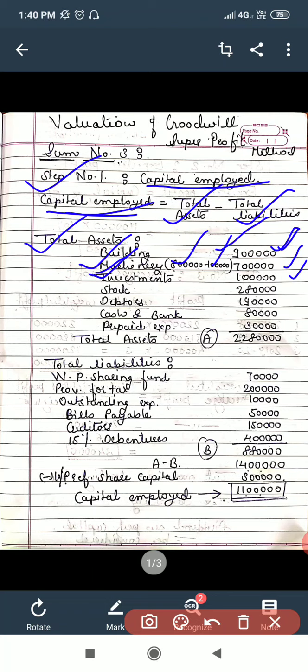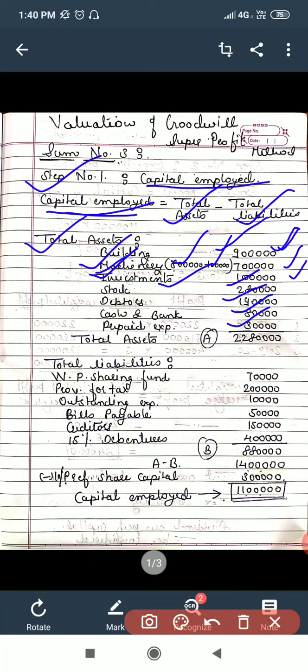The next assets provided are stock of rupees 2,80,000, debtors of rupees 1,90,000, that is after deducting bad debt reserve. Then we have cash and bank balance of rupees 80,000, then prepaid expenses of rupees 30,000.